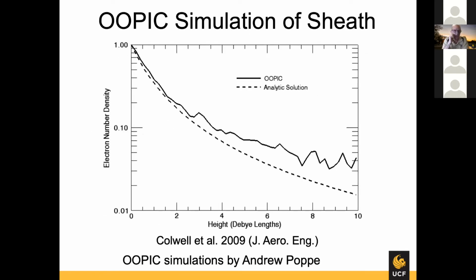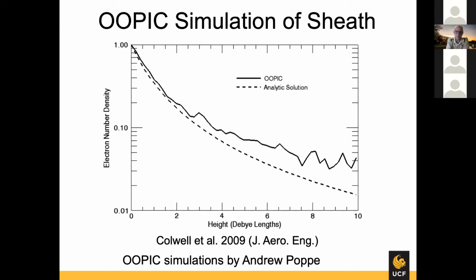We used initially an analytic solution for the plasma environment near the surface that's indicated by the dashed line. It's from Grard and Tonelli, early work looking at the lunar environment. And the solid line is from a particle-in-cell simulation done by Andrew Poppe, who I believe you're speaking to later today, who will probably give a better explanation of this than I'm doing.